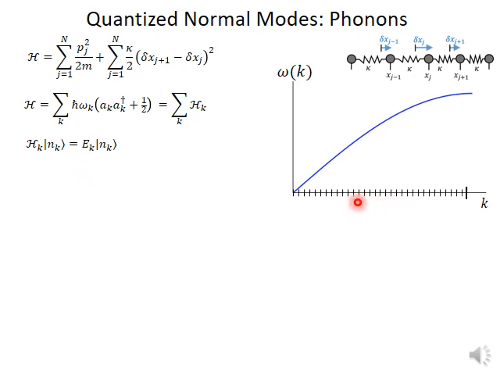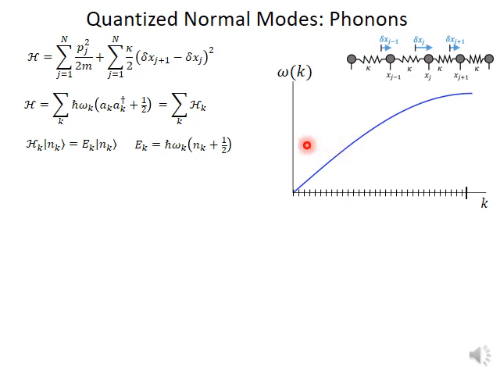For a particular mode within the first Brillouin zone, we can take the Hamiltonian of that mode, H_k, and define an eigenstate represented by n_k for that particular k mode. When you apply that Hamiltonian on this eigenstate of that particular mode, what you get is the energy of that mode multiplied by the eigenvector. And that energy of the k mode is simply given by h bar omega_k.